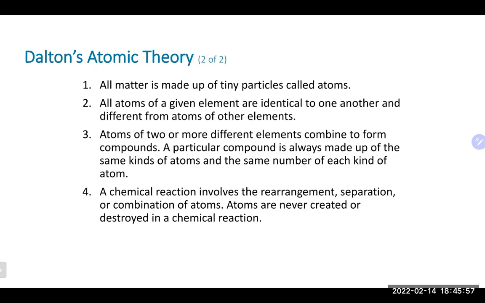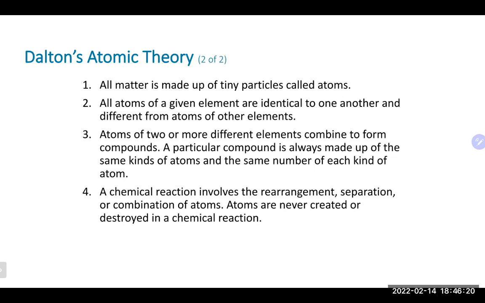First off, let's take a look at these 4 parts to it. First off, he said that all matter is made up of tiny particles called atoms, which obviously, that's all good. He also said that all atoms of a given element are identical to one another, and atoms of different elements are different from one another.